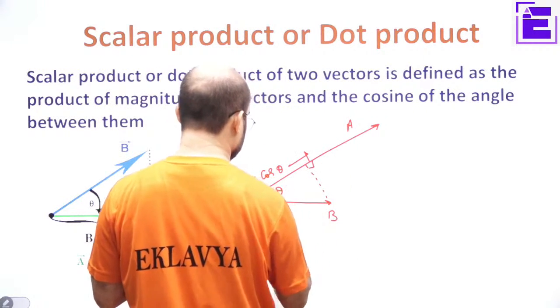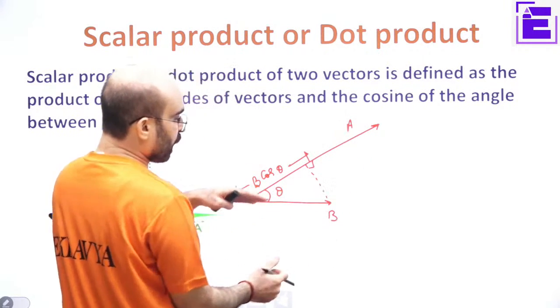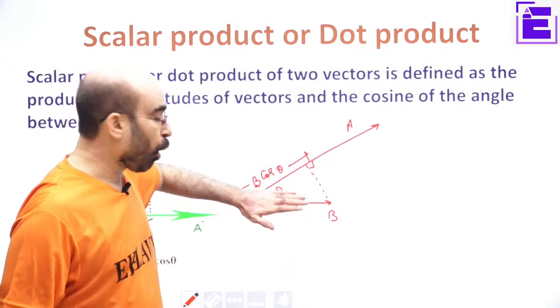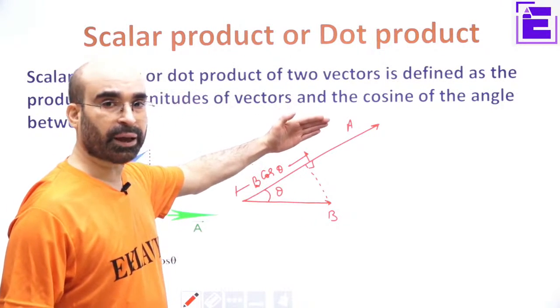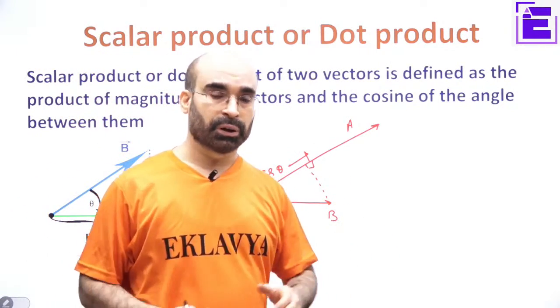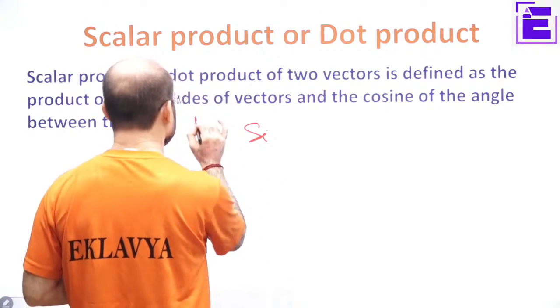Okay, B cos theta. So this is also one of the ways to do. So what did you do? You have taken the component of vector B along vector A.